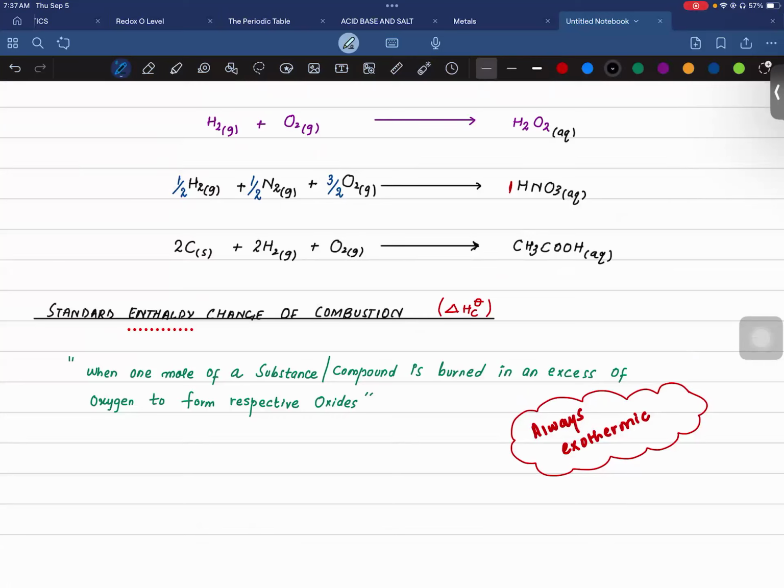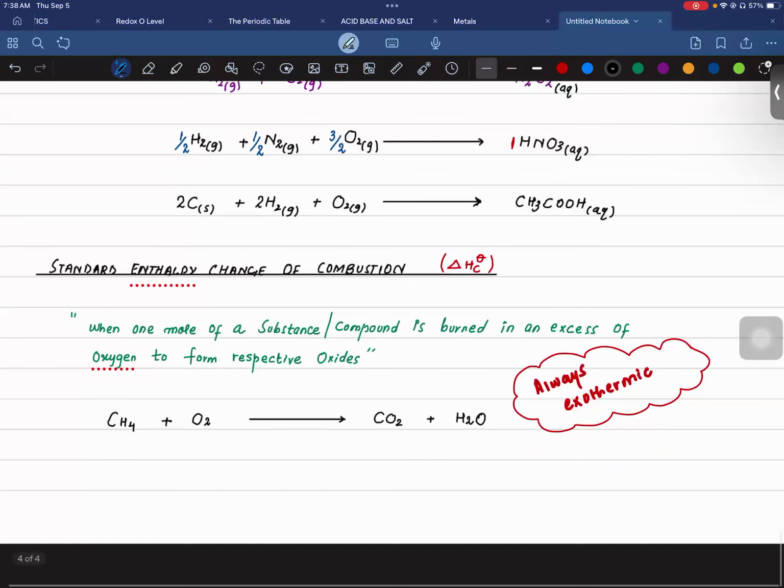Let's suppose I have CH4, this is methane, it's going to be burned in the presence of oxygen. It would be forming its respective oxides. The oxide of carbon is CO2 and the oxide of H is water. So this is called the respective oxides.